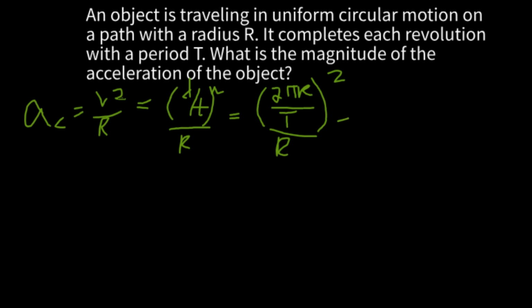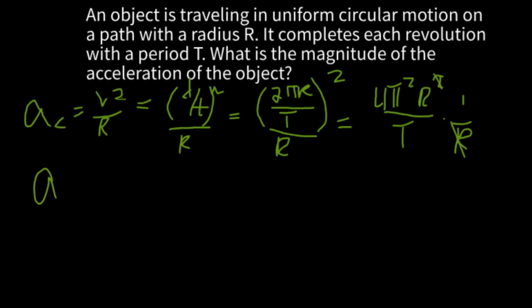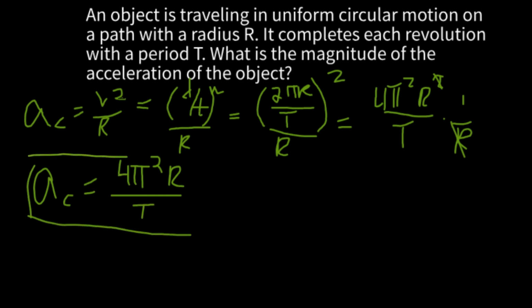We can say that is 4 pi squared r squared divided by T squared times 1 over r. So then our acceleration is going to be 4 pi squared r divided by the period squared. You can see that's a pretty painless problem, but it does have a lot of substitutions.